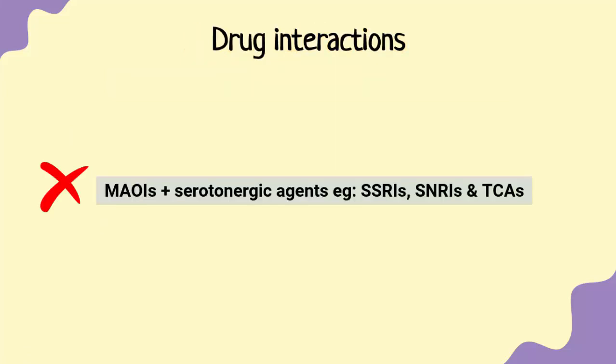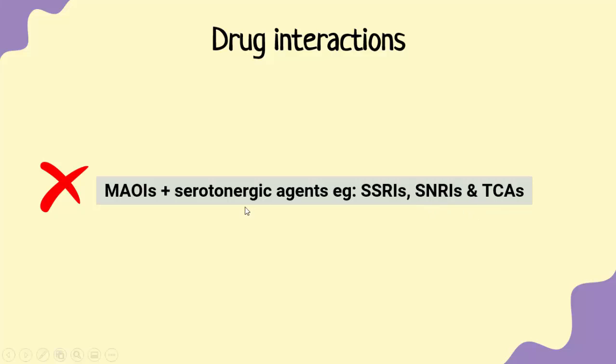Now, one thing that you need to note about antidepressants is that patients taking antidepressants have the possibility of drug interactions. For example, patients taking monoamine oxidase inhibitors cannot take any drugs that can increase serotonin level concurrently, for example SSRI, SNRI, and also TCAs. Why?